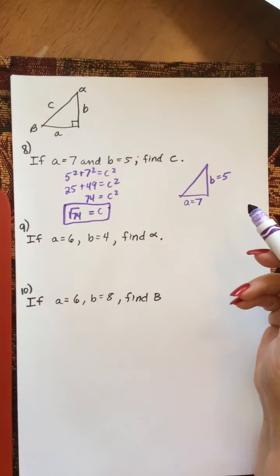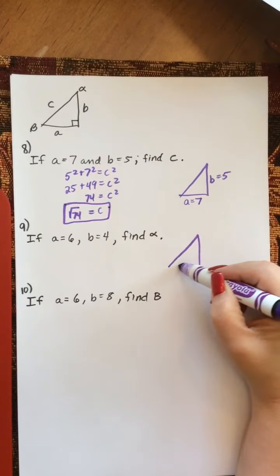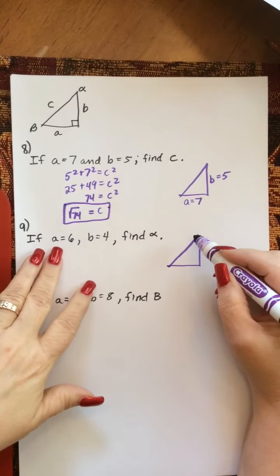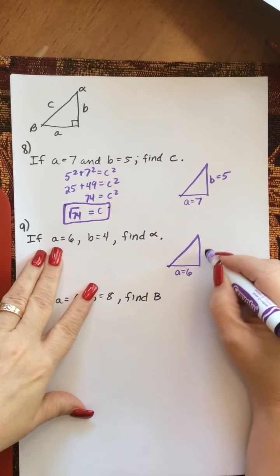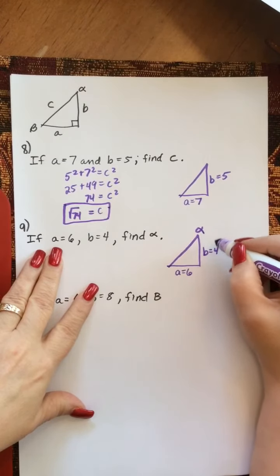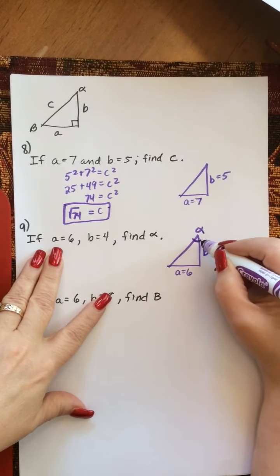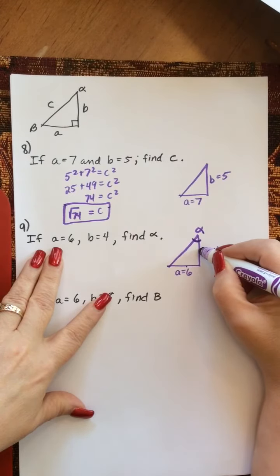Okay. Next problem, it's the same triangle, labeled the same way. But in this case, they told me that A is 6 and that B is 4. And they asked me to find alpha. Alpha is up here on the top. So from the perspective of alpha, this is opposite over adjacent.